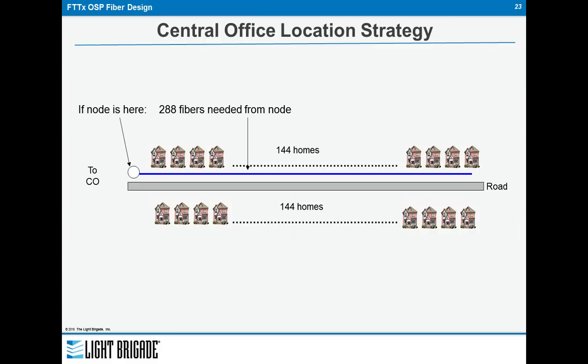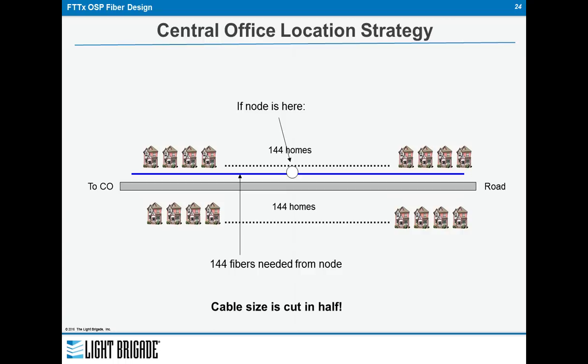We don't show the bores that go underneath the road, but to get from the node to all the homes, that high fiber count cable is going to be a requirement. If we put it at the very end... if we put it in the middle, bear with me here, my slides. If we put it in the middle, we cut our fiber count in half. Makes common sense. The total distance of fiber is still the same, but the fiber count is reduced.